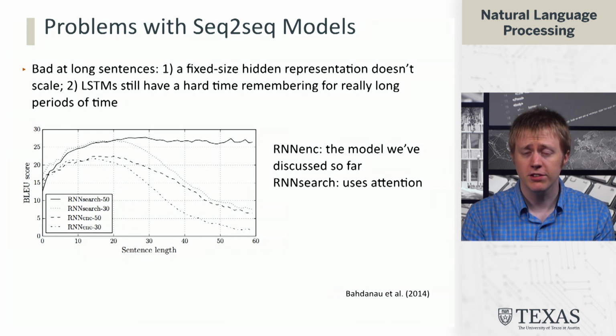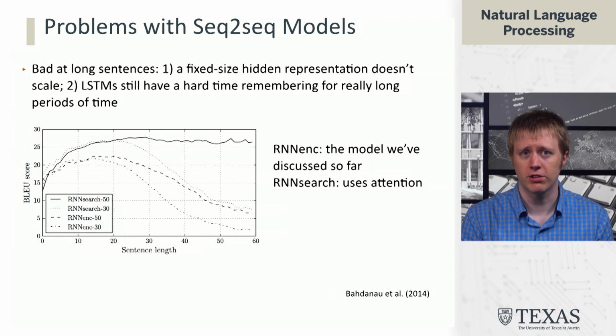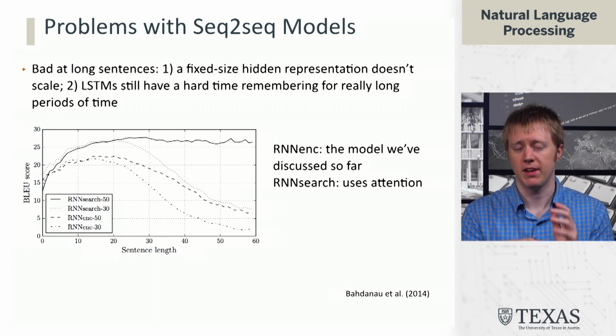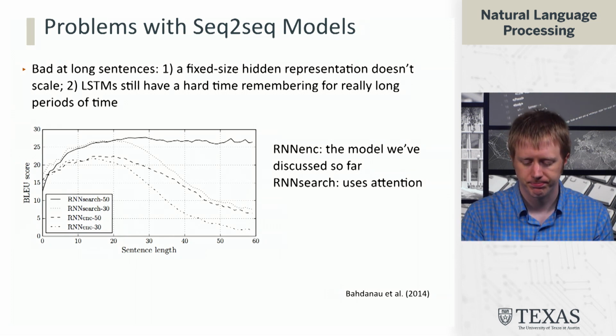And so these are some results from the work of Bahdanau et al., where they show that the BLEU scores, which is a metric for evaluating machine translation output, decrease dramatically once you start to go to longer sentences. And their top line here that doesn't decrease is a model that uses this attention mechanism. So this is going to help us combat this problem of having this fixed size representation that doesn't scale and not being sure what to do there.